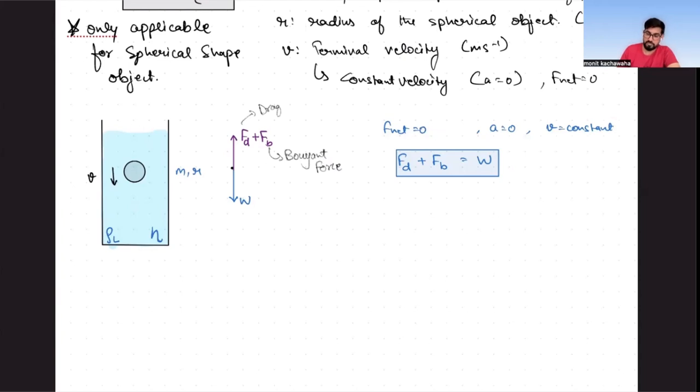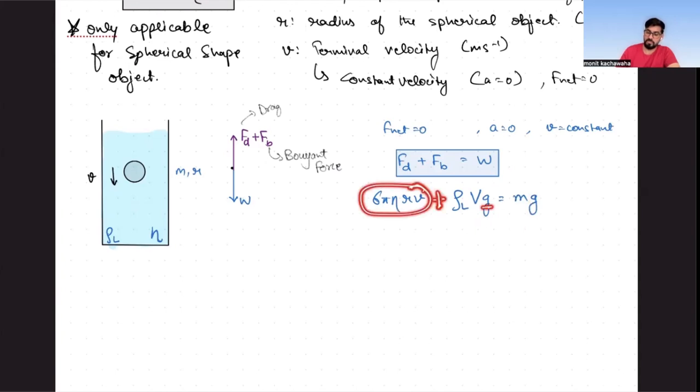Okay. So Fd is what? The drag force, which is 6 pi eta r v, and buoyant force is rho L times, as the object is completely immersed in it, the whole volume V times g, is equal to mg. Now, don't cancel out this g, because it is in addition and there is no g in this part.